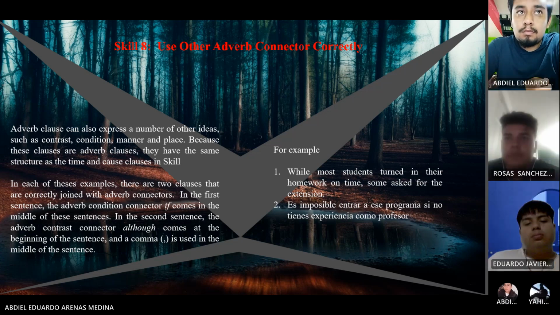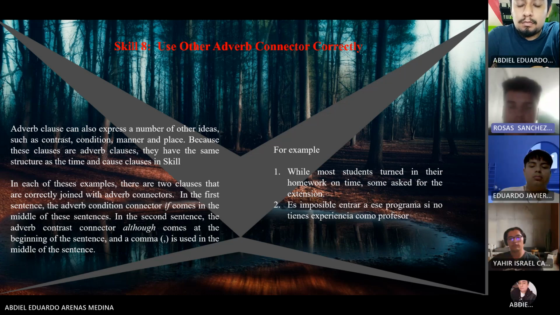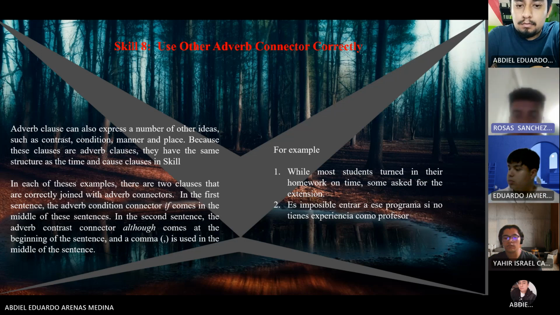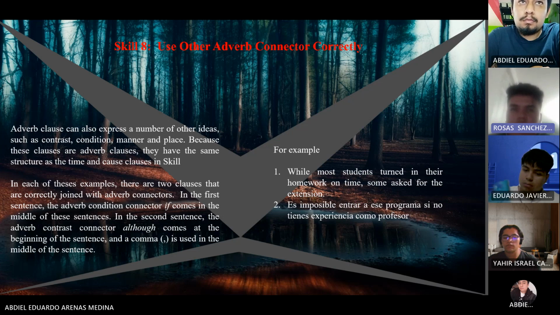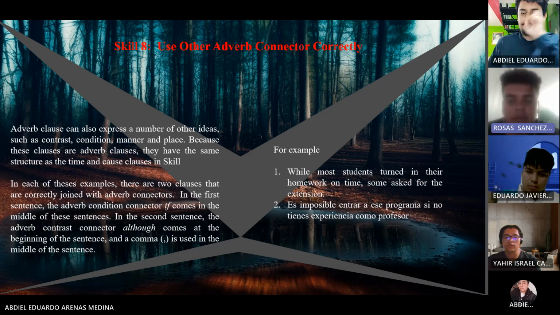These adverb clauses have the same structure as the time and cause clauses in the earlier skills. In each example, there are two clauses that are correctly joined with an adverb connector.